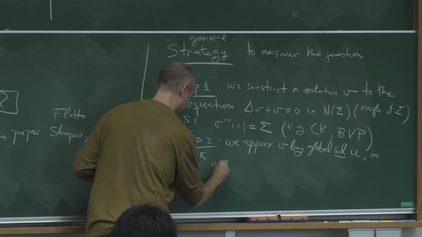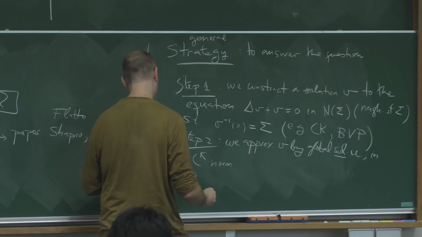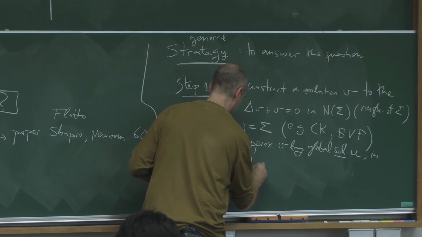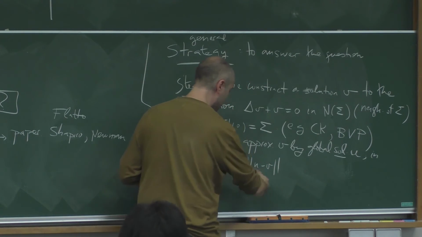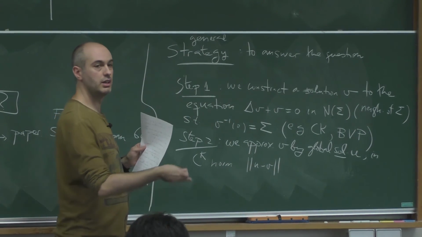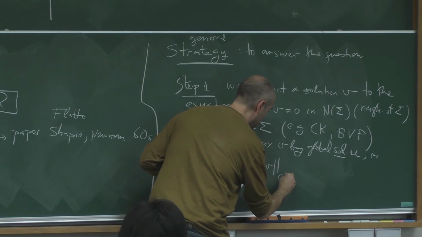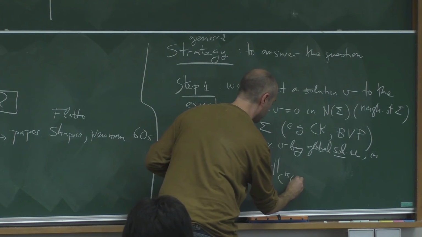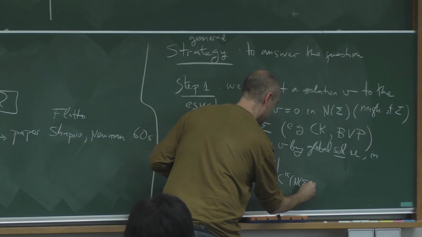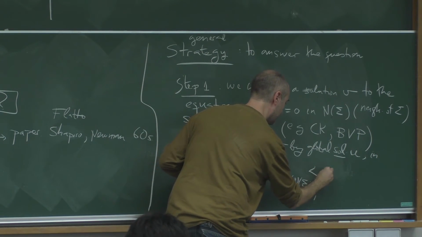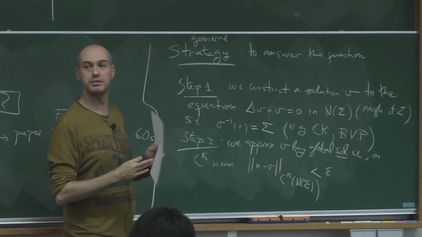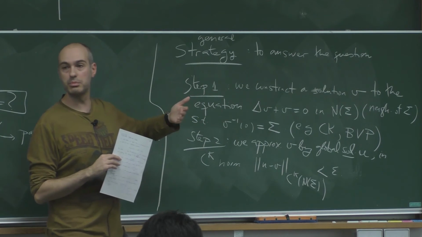C^k norm. This means if you measure the difference of U and V in this neighborhood, this will be small enough. And this k will depend on the problem.